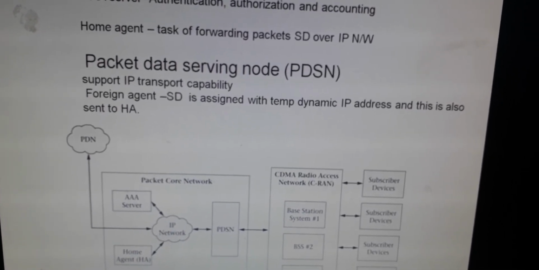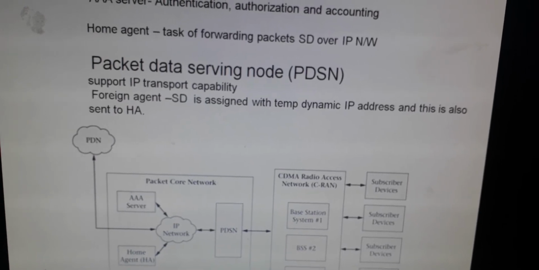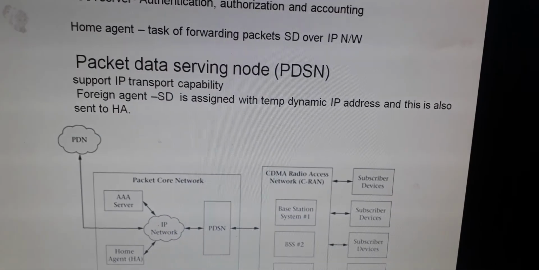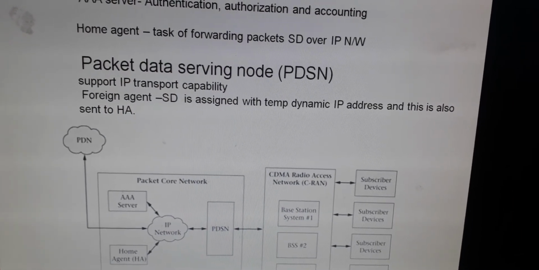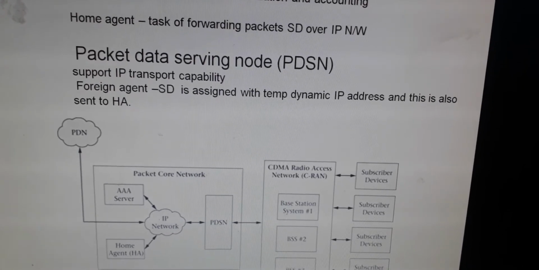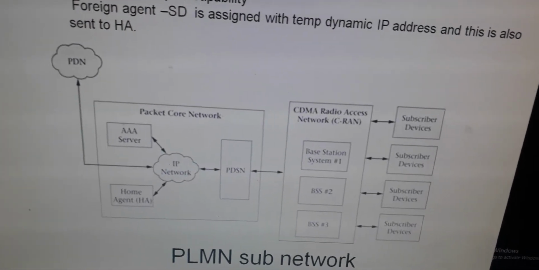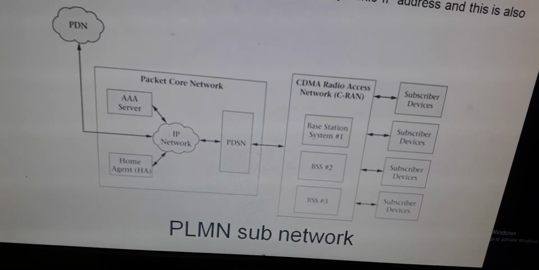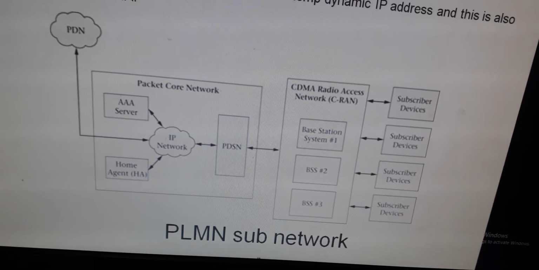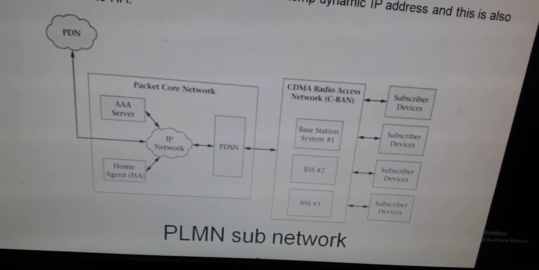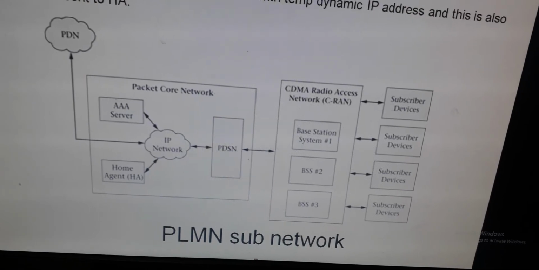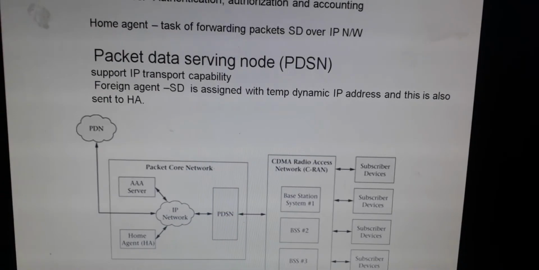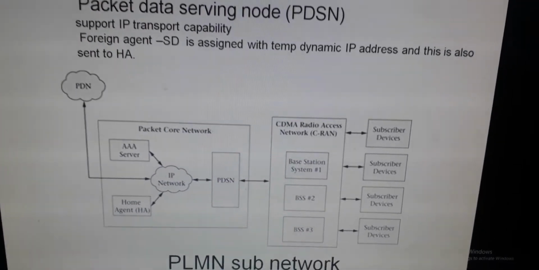There is a PDSN, packet data serving node, to enable IP addresses, temporary dynamic IP addresses wherever the subscriber moves. So the PDSN is connected with the packet core network with the AAA server. Home agents provide a temporary IP address wherever the subscriber goes, and it is connected to the IP network.